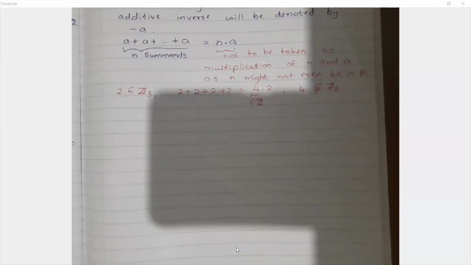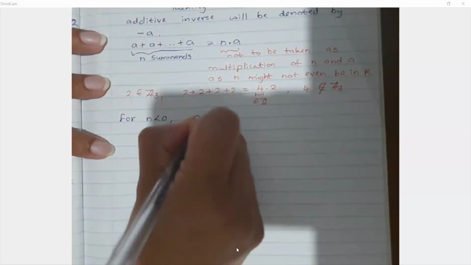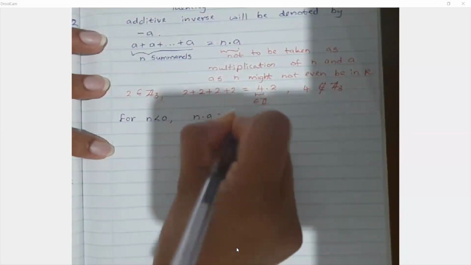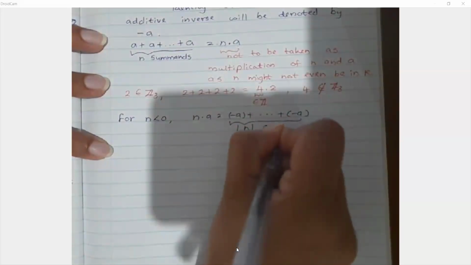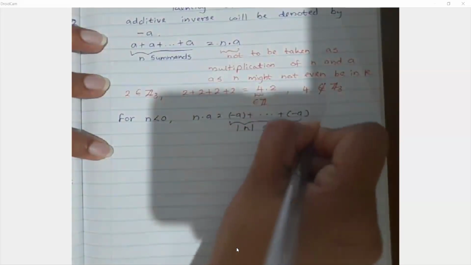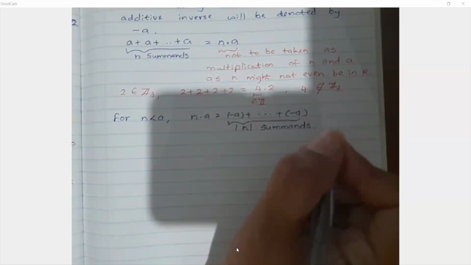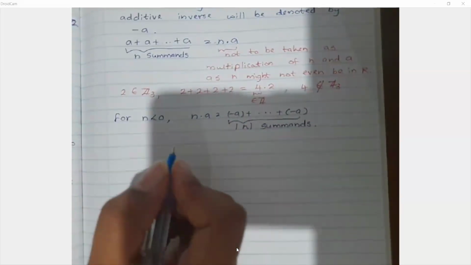Okay, now the other one is for n less than 0: negative n times A would simply be negative A added to itself n times, right? So you have the modulus of n summands. This is when n is greater than 0.